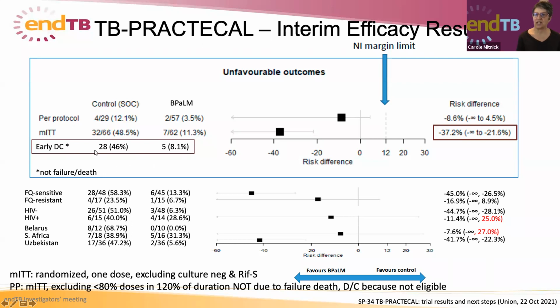So an ECG QT interval of greater than 500 milliseconds, any hearing loss, or if treatment was temporarily suspended for at least 2 weeks, then their participation in the study should be discontinued. And you can see that this occurred disproportionately in the control regimen. So in this sense, it's similar to what we saw in the Nix trial, except that in the experimental regimen there was very little early discontinuation, whereas in the experimental regimen in the Nix trial, we also saw a lot of toxicity-related unfavorable outcomes.